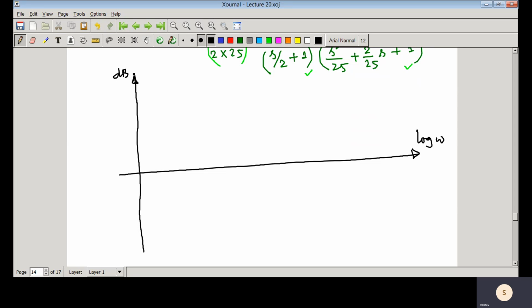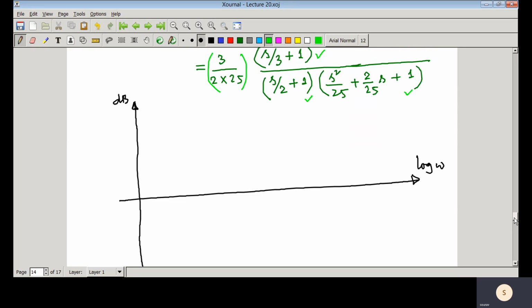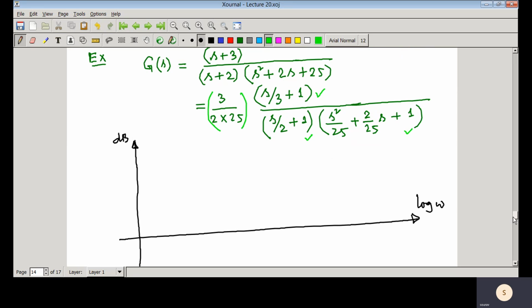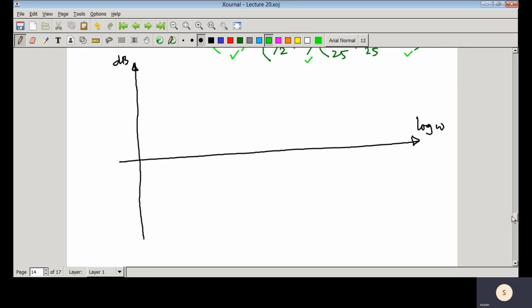So now let us see what would be the magnitude plot of this particular transfer function. First we take 3 by 50. Then there would be a constant term, suppose this is that constant term here, and that would be 20 log 3 by 50.